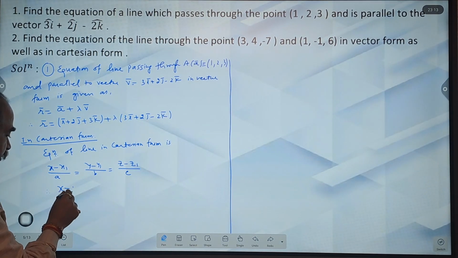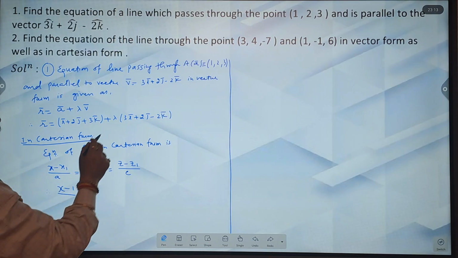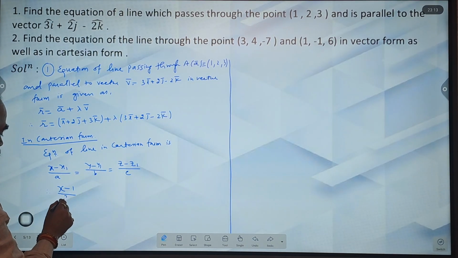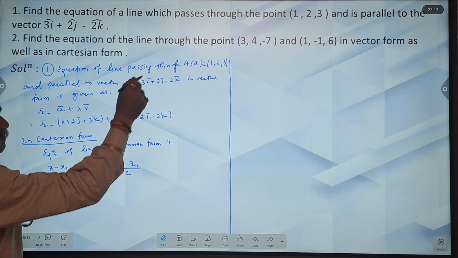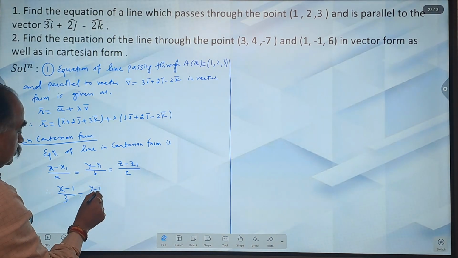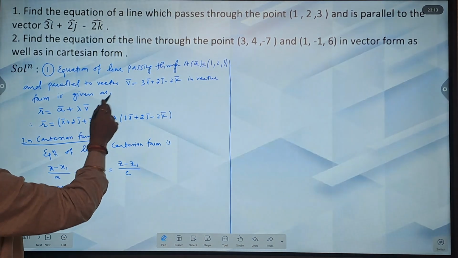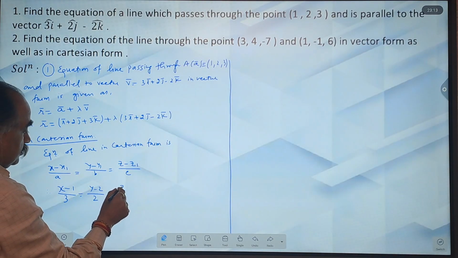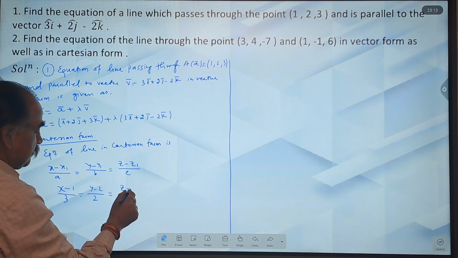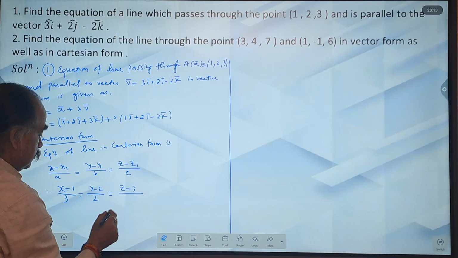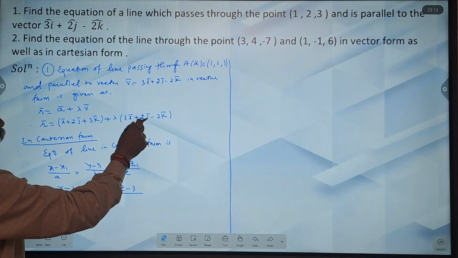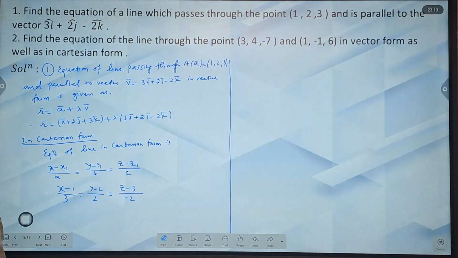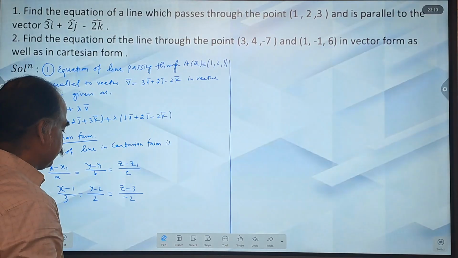So x minus 1 upon a is 3, y minus 2 upon b is 2, z minus 3 upon c is minus 2. This is in Cartesian form.